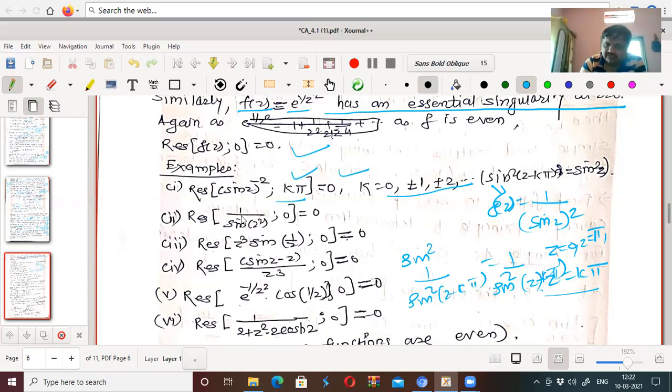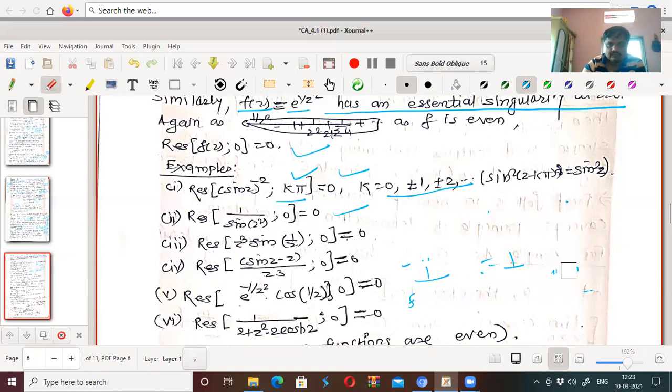This function is also an even function. If I replace z by minus z, this will be sine z square. So its residue is 0. This is also an even function. Why? See, f of z here is z cube into sine 1 by z.